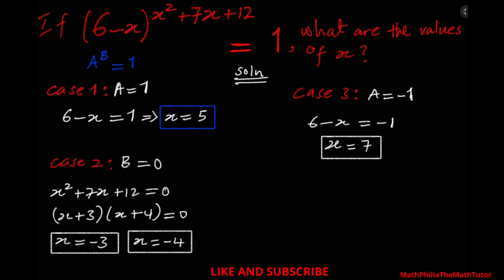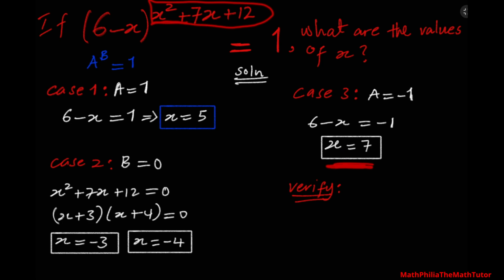If we verify and there is no problem, okay. Otherwise, we cannot take it. So we have to verify. Let me write here, verify. Okay, verify. Now, how do we verify? Well, we are going to use this answer here and substitute it into this power, or exponent, and see.